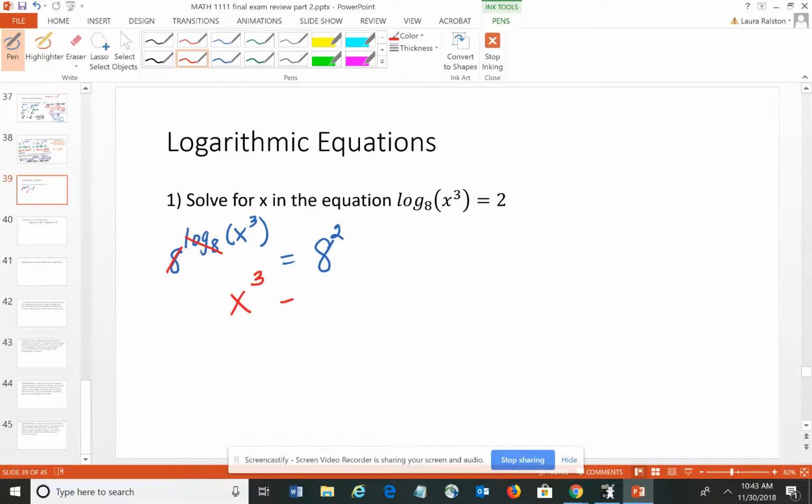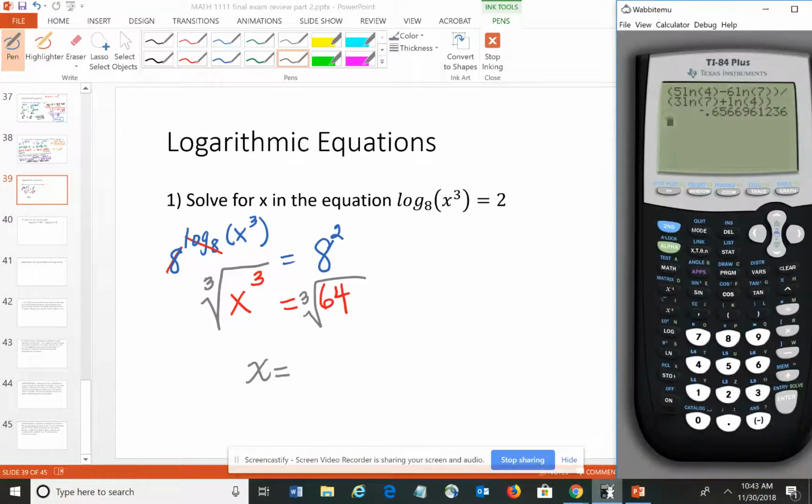So we have x cubed equals 8 squared, which happens to be 64. And then I need to undo the cube, so I'm going to take the cube root of both sides. And you could get your calculator out if you want to do the cube root.